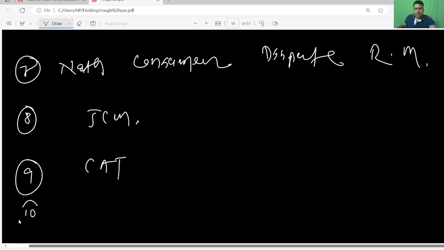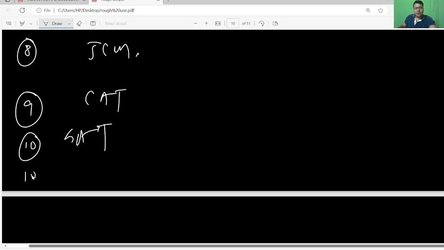CAT, Central Administrative Tribunal, State Administrative Tribunal, CAT, SAT, JAT, Joint Administrative Tribunal. So these are some constitutional and non-constitutional bodies which we can call institutions in the dispute redressal mechanism.